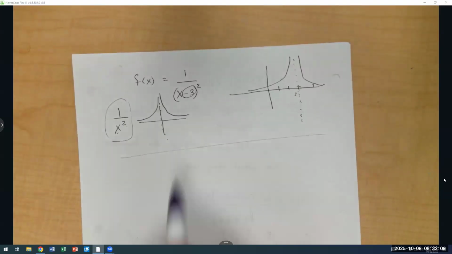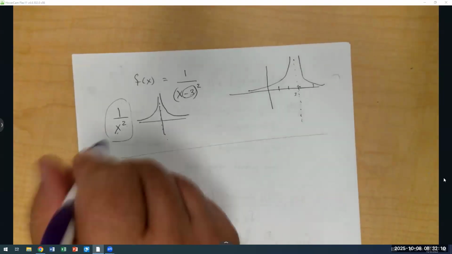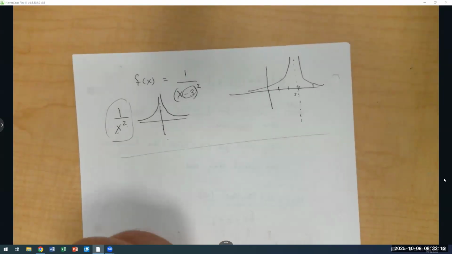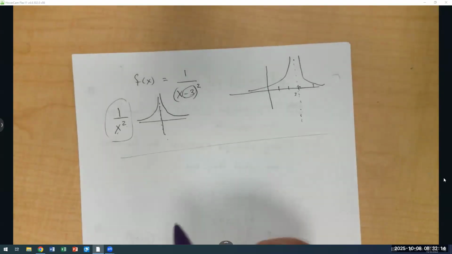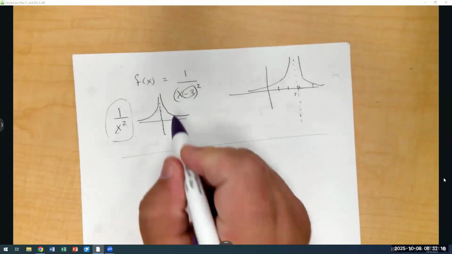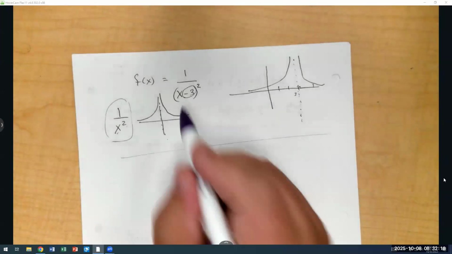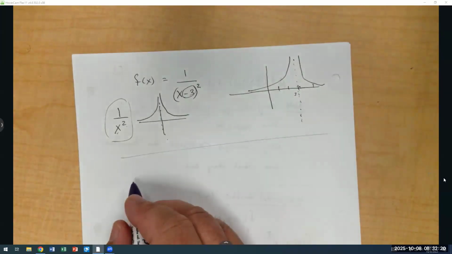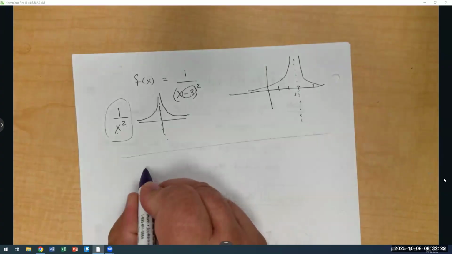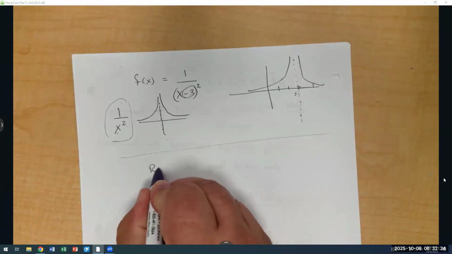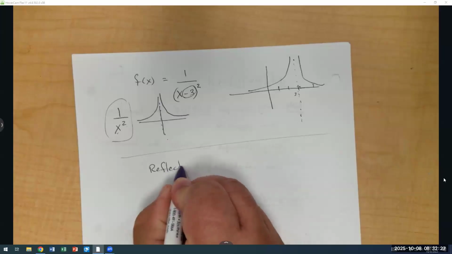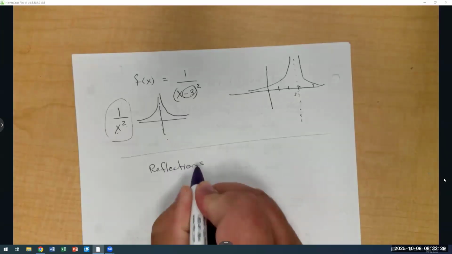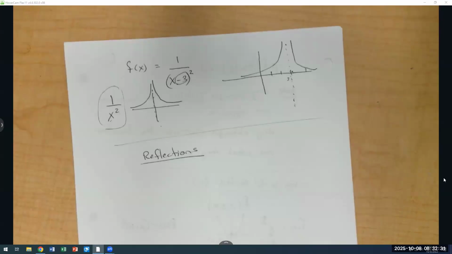All right, so yes, as you can see, you have to know where to begin your graphs to do your horizontal shift. Horizontal shifts happen inside the function, and it's always the opposite direction. Let's do a change here. It's still inside the function.